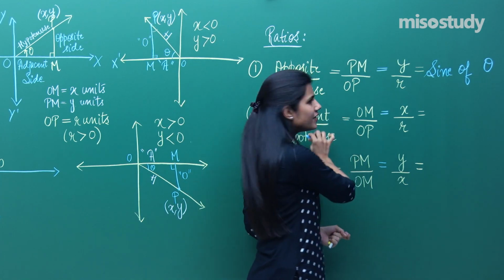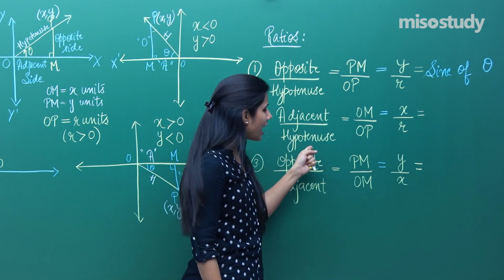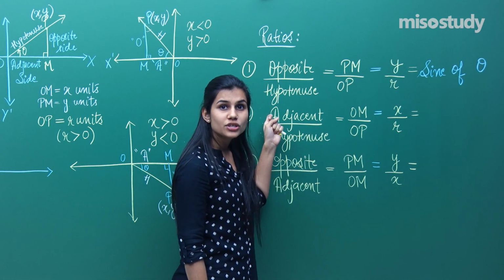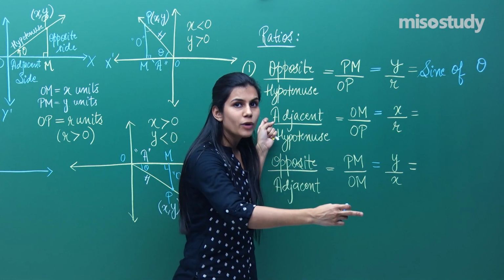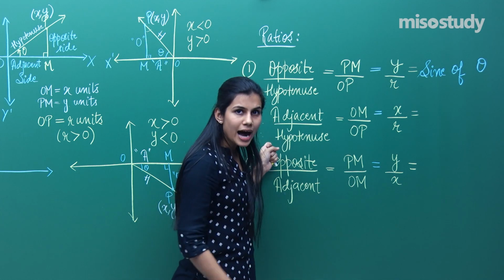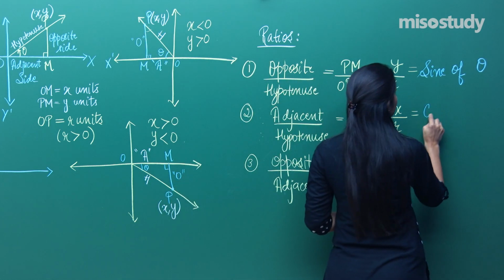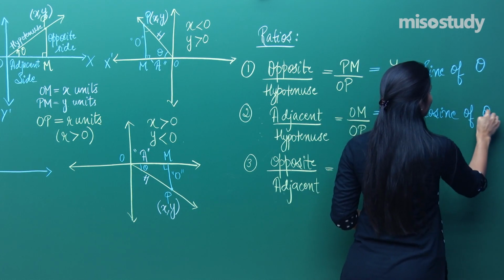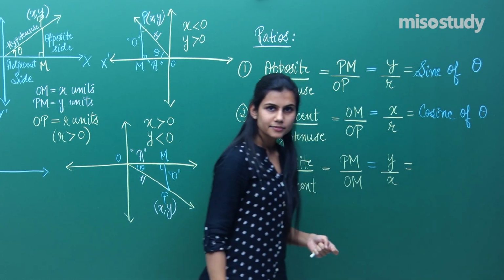The ratio of the adjacent side upon the hypotenuse, or I should say the ratio of the side which is adjacent with respect to angle theta upon the hypotenuse, is known as cosine of the angle theta.